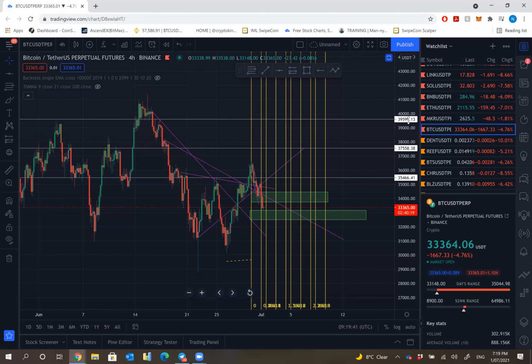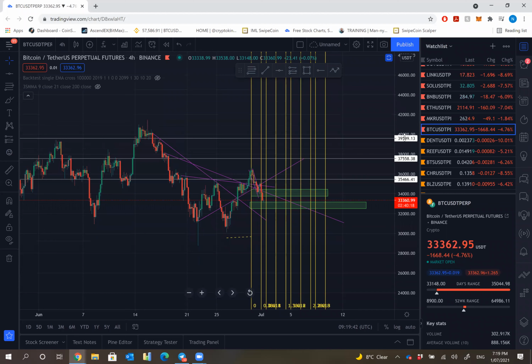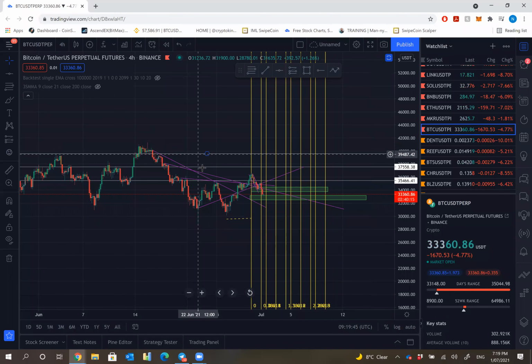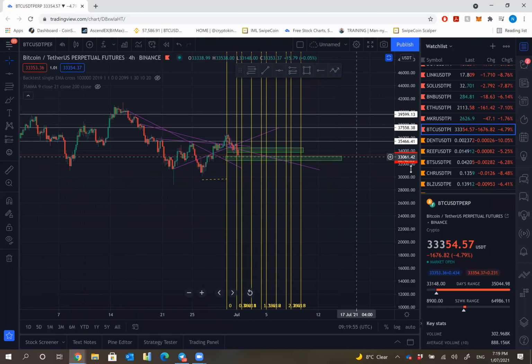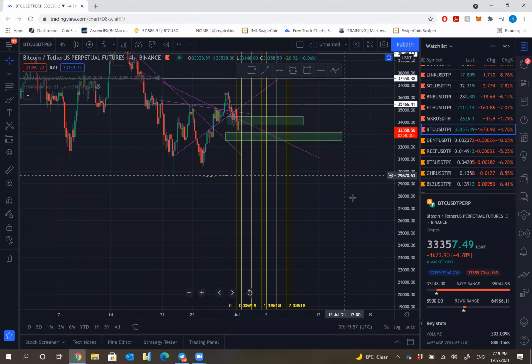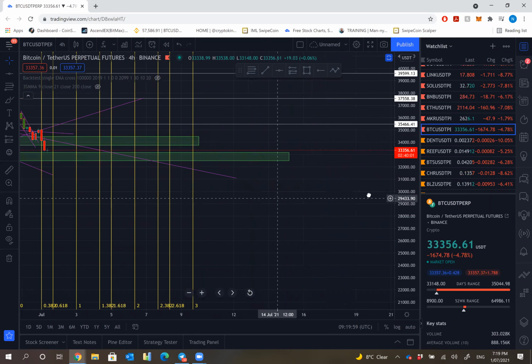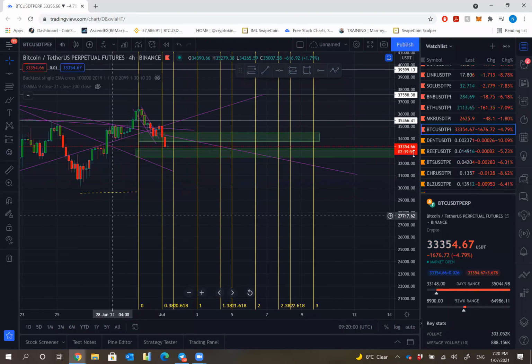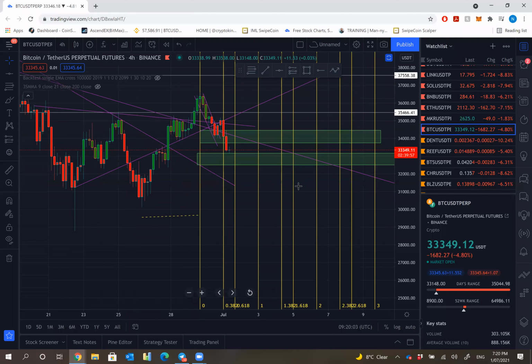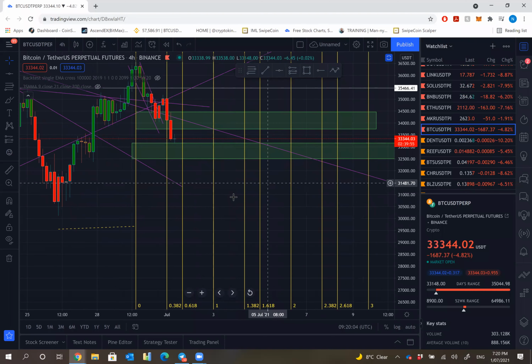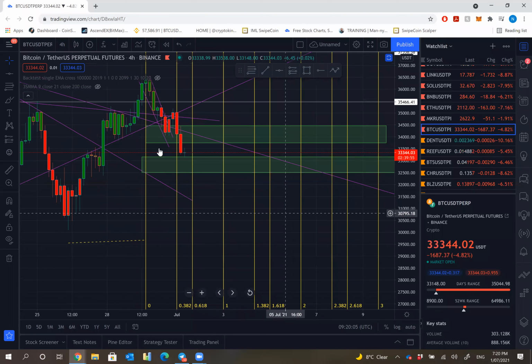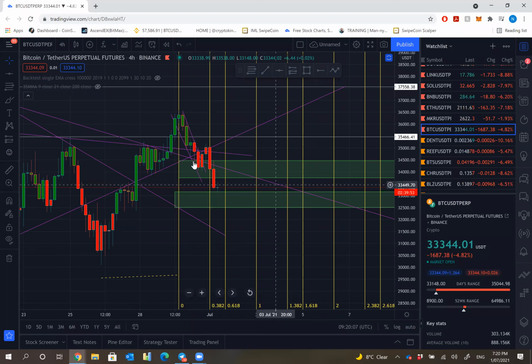So on Bitcoin, these are my strong daily support and resistance lines that I found. I usually keep my Bitcoin lines all there, because I'll show you, and I've posted this chart in the chats a few times. These lines I drew about 2 or 3 days ago, and you can see how it's following.